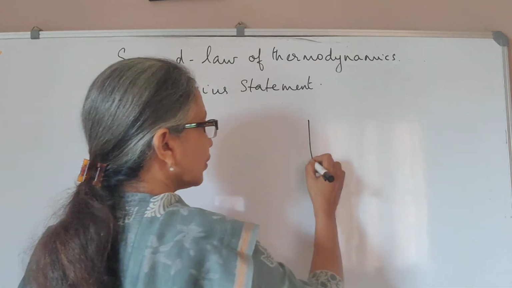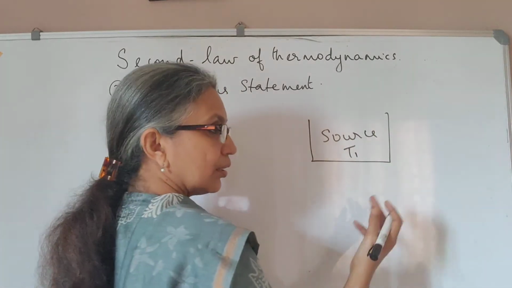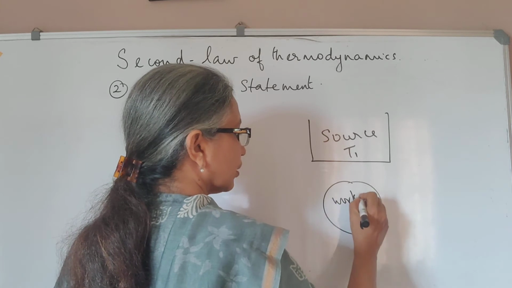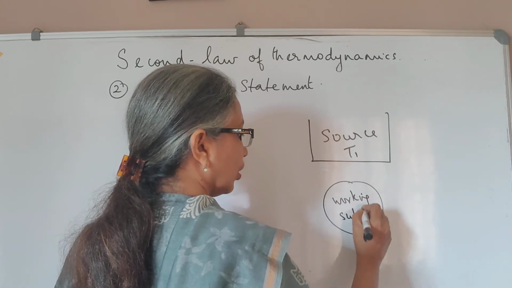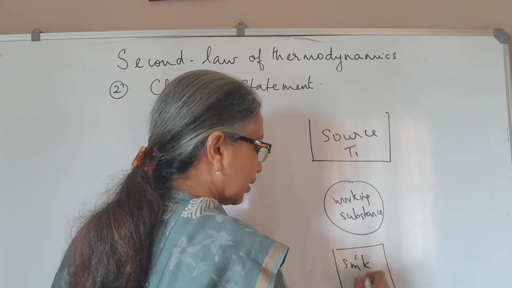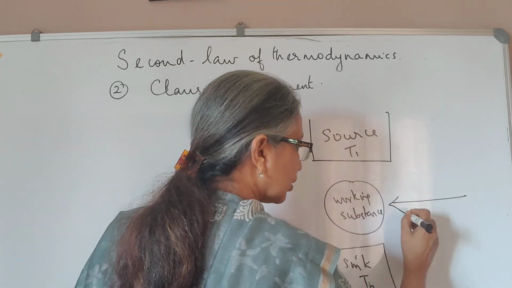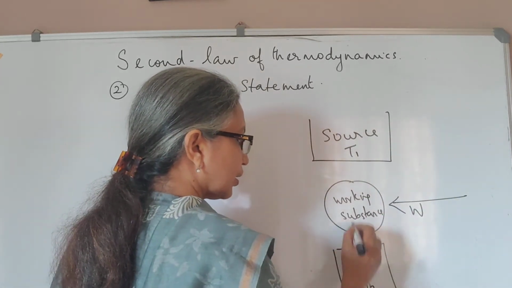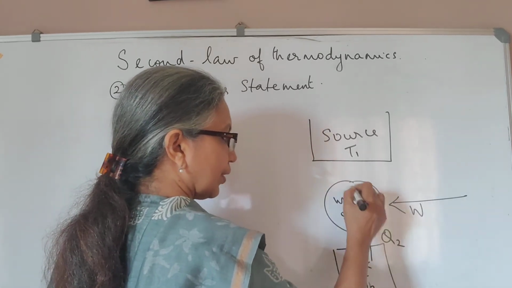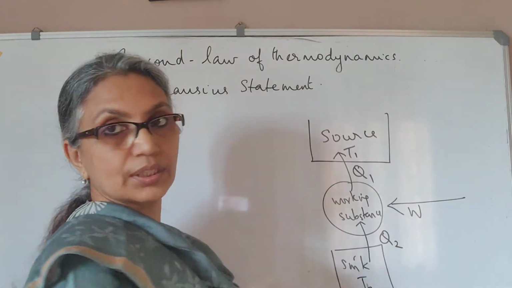That means if you have a source here, which is at the higher temperature, in our case the environment around the refrigerator, we have the working substance, and we have the sink, which is the colder environment, that is the interior of the refrigerator. Now you have to do work on this working substance so that it will absorb heat Q2 from the colder environment and reject it to the source. So you have to do work on the working substance.